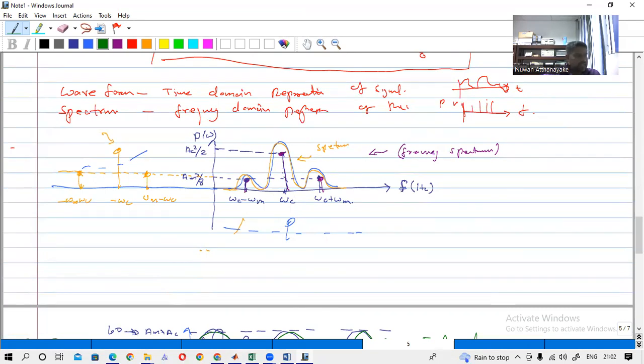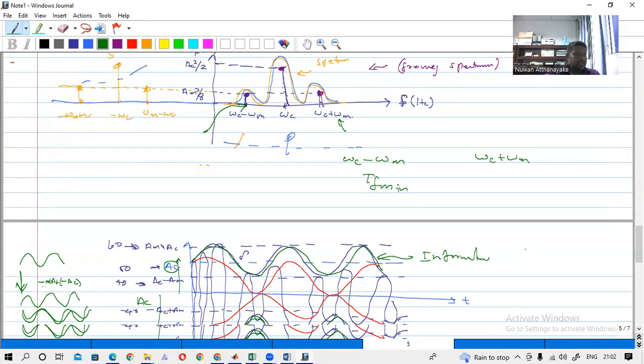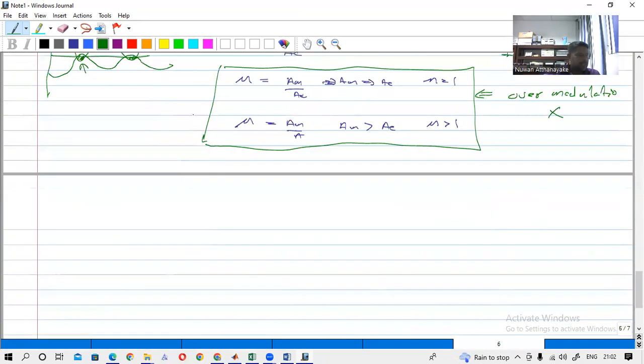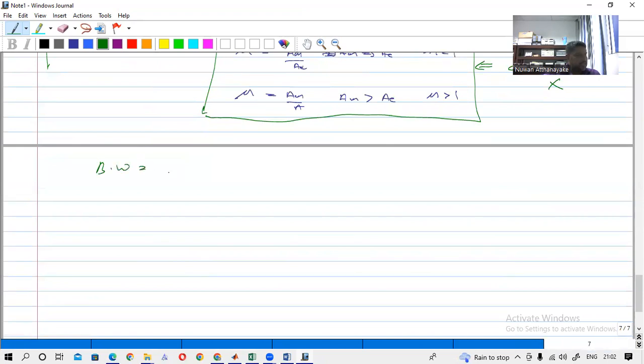This is the minimum frequency we are transmitting, that is omega c minus omega m. And this is the maximum frequency we are transmitting, that is omega c plus omega m.